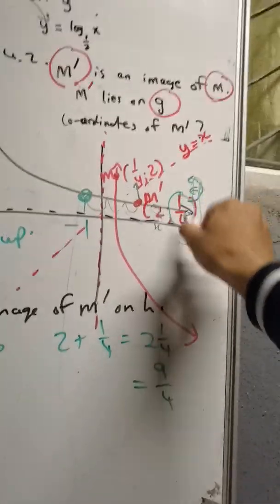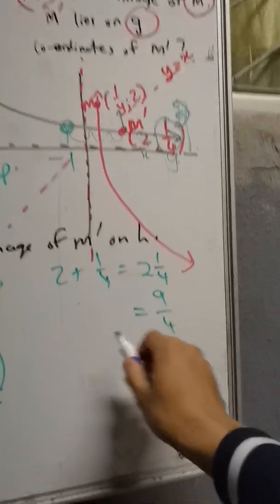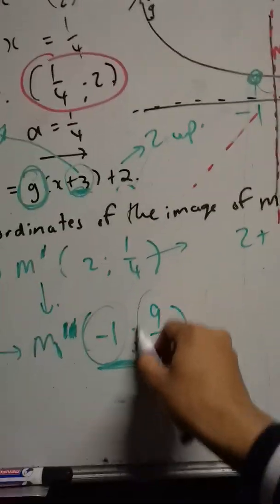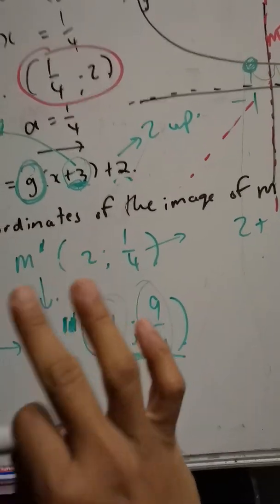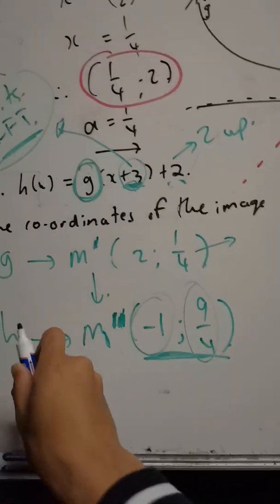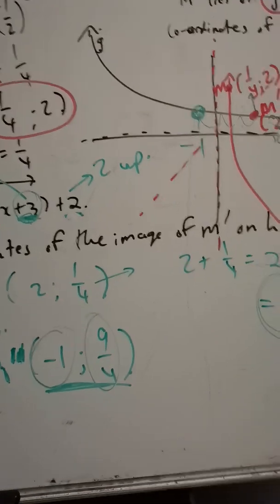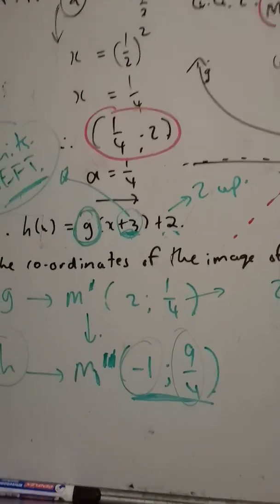So you must take 1 over 4 plus 2, or 2 plus 1 over 4, which gives 9 over 4. That would be the new y value of m dash dash, the new m coordinate on h, the graph that underwent transformation.